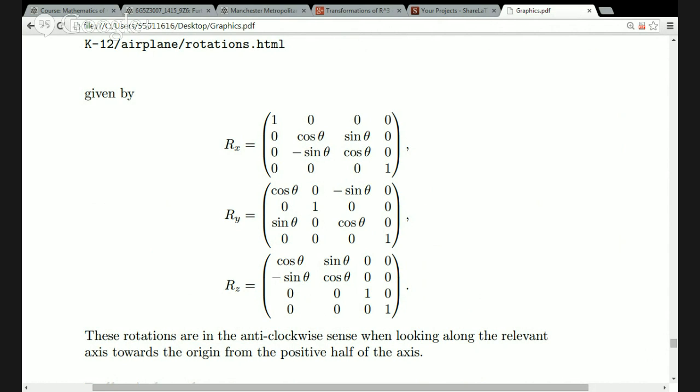So x is going to come out to the right, and z is going to go up. And when you're rotating around the z-axis, you're looking at x and y from a positive point on the z-axis. You're looking back here, so x is coming up and y is going out to the right.